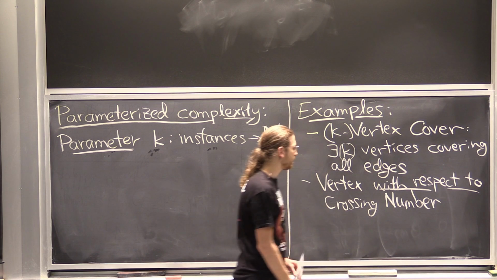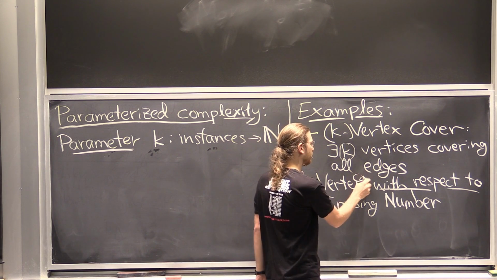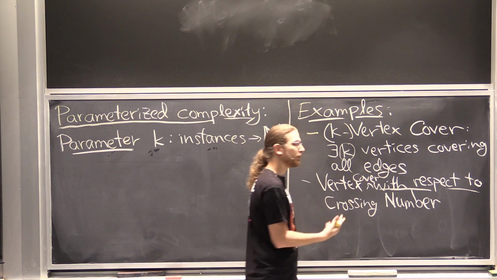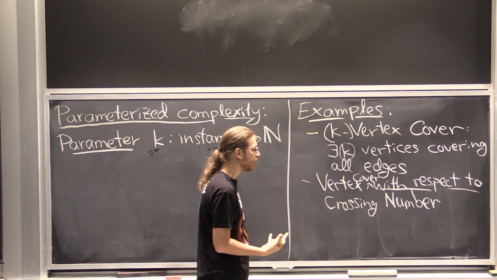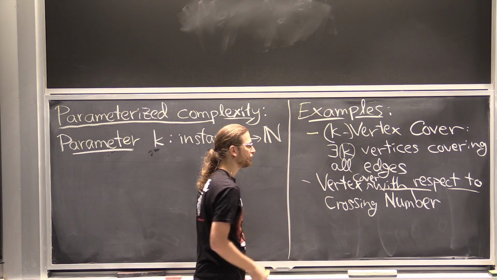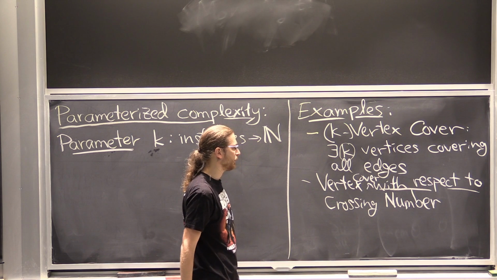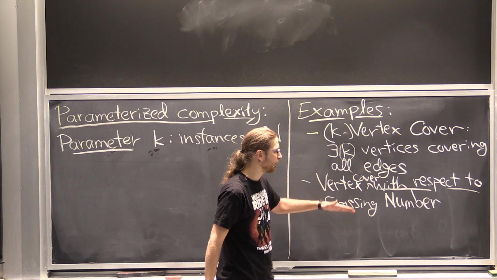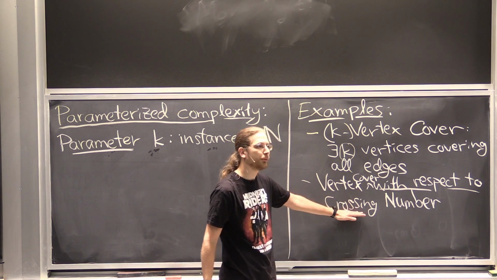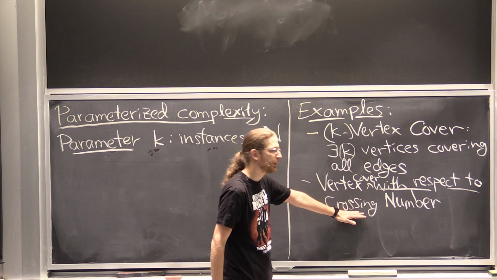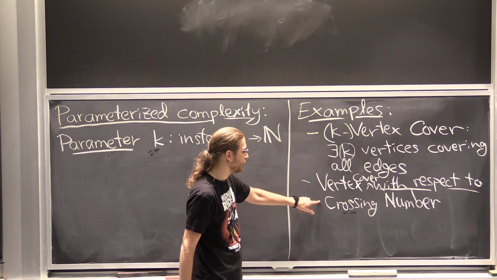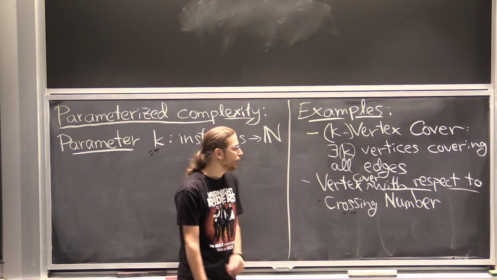We always measure our instances with respect to the problem size, which is the size of the graph for a vertex cover instance. But we're also going to parameterize by some other quantity here. Maybe it's the minimum crossing number for your graph, so it's 0 if it's planar, and so on. We proved that that's NP-complete to compute.